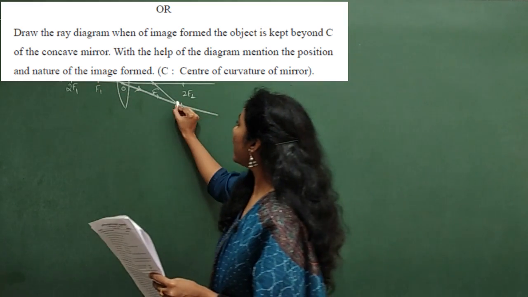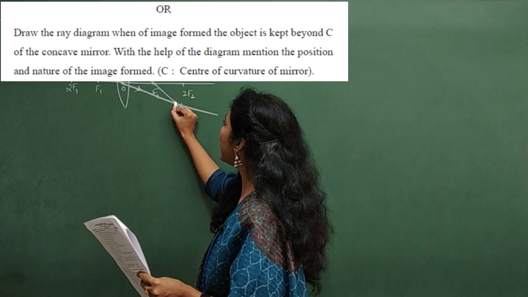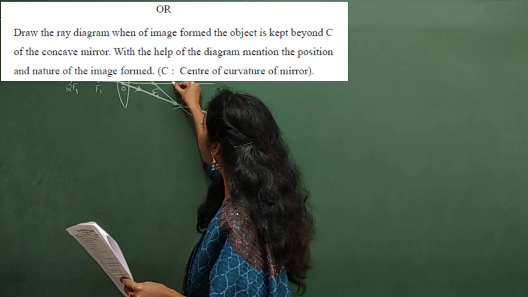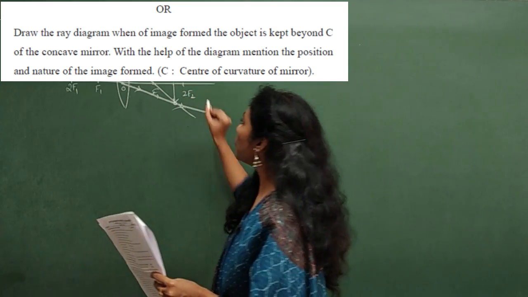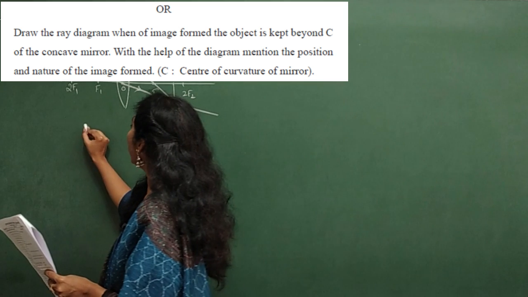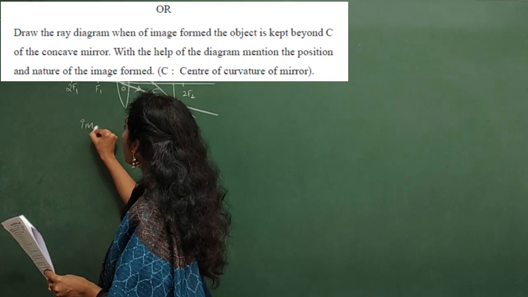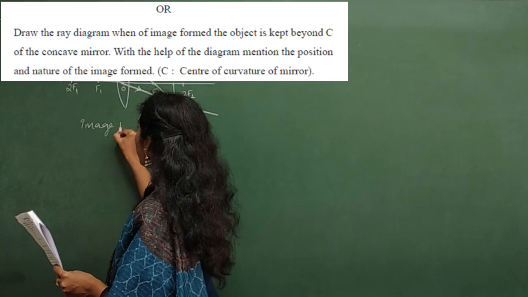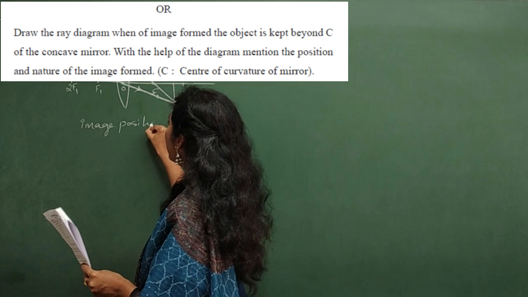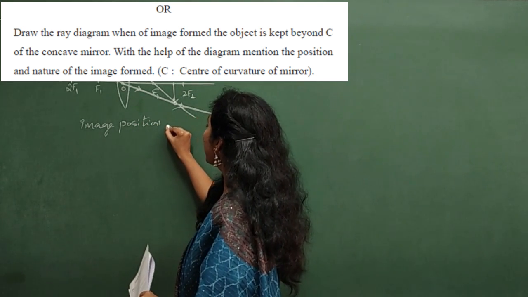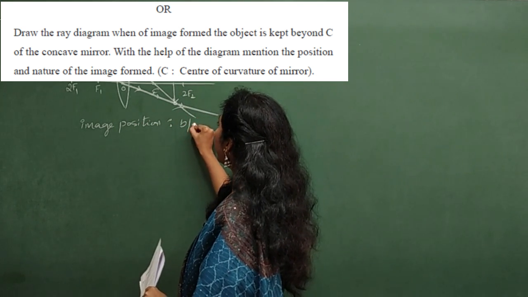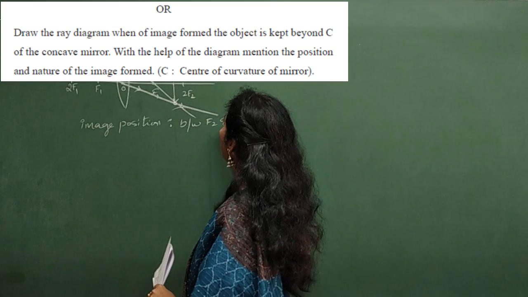Now where are these 2 rays meeting? Somewhere here between F2 and 2F2, right? So where is the image position? Image position, you have to write this way: image position is between F2 and 2F2.